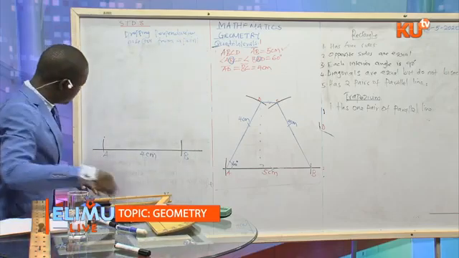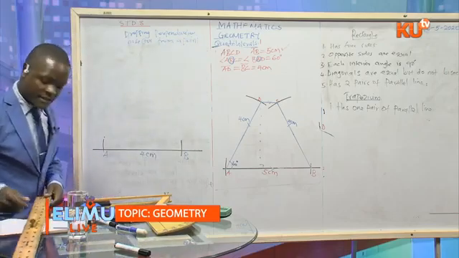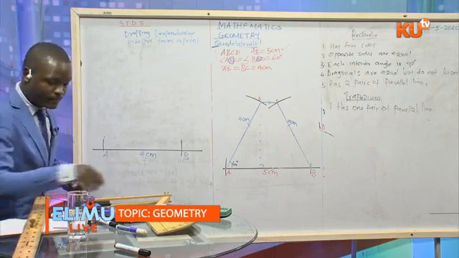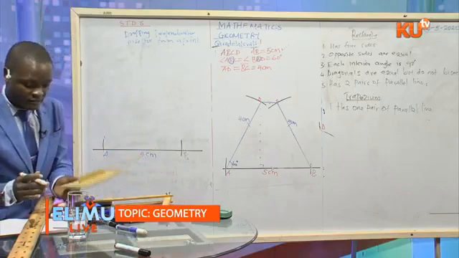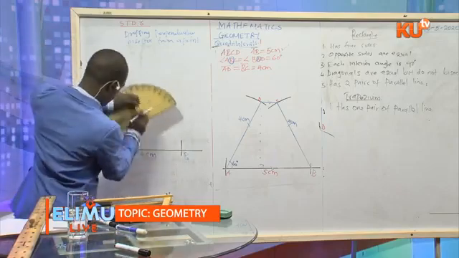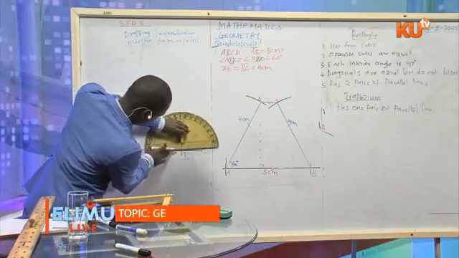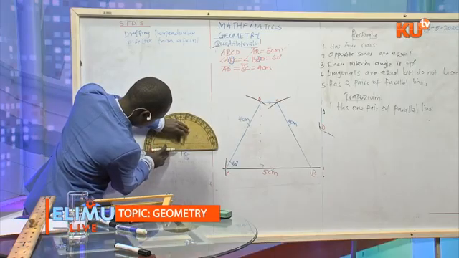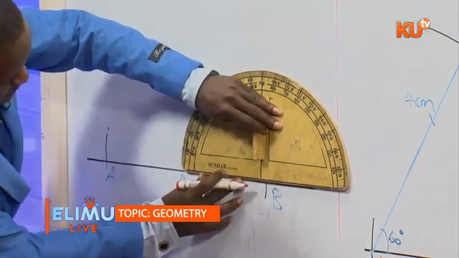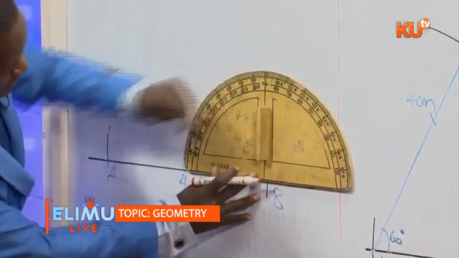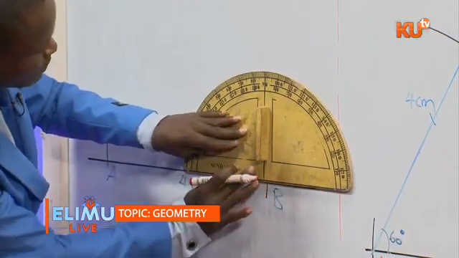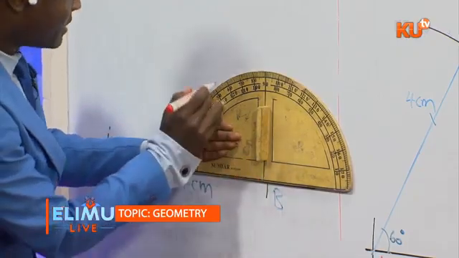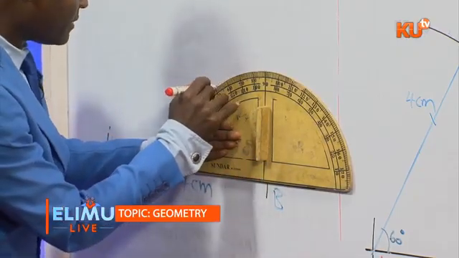So line AB is 4 centimeters, and then maybe the angle is 50 degrees. Angle ABC is 50. So you stand at that point. This is the side that you want. You measure 50 degrees or 60, whichever you want.